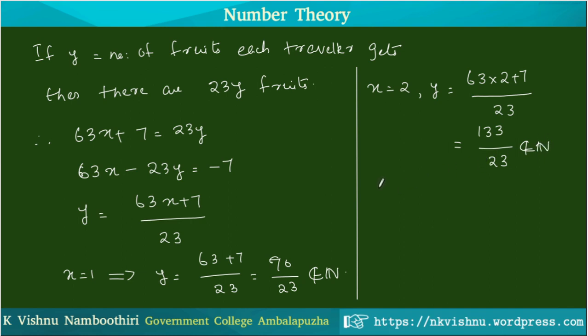If you try x equal to 3, then we get y equal to 63 into 3 plus 7 by 23.